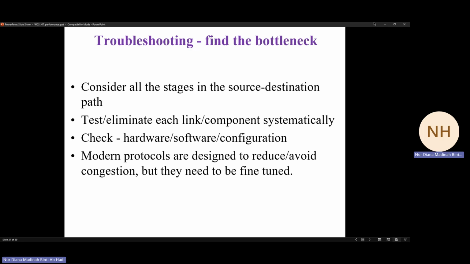Okay, so if we have a bottleneck, we need to perform some troubleshooting. But how? First things first, you need to consider all stages in the source-destination path. Then you need to test or eliminate each link or component systematically. Once you test and eliminate, you need to check the software, the hardware, and the configuration that you have made.